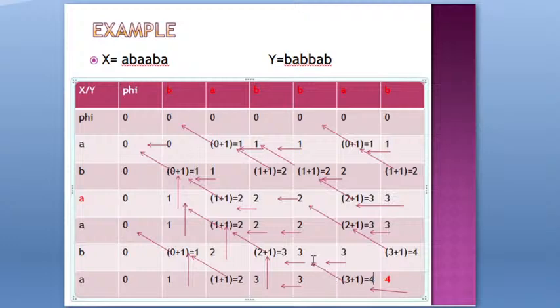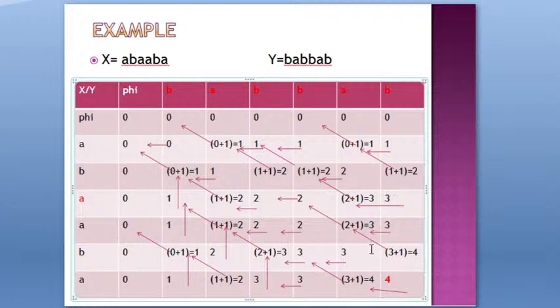Here my constraint is that once you get an arrow pointing to the diagonal element, then take the corresponding character.